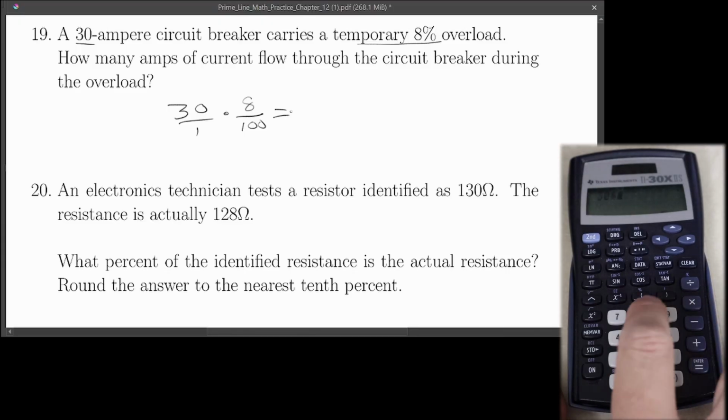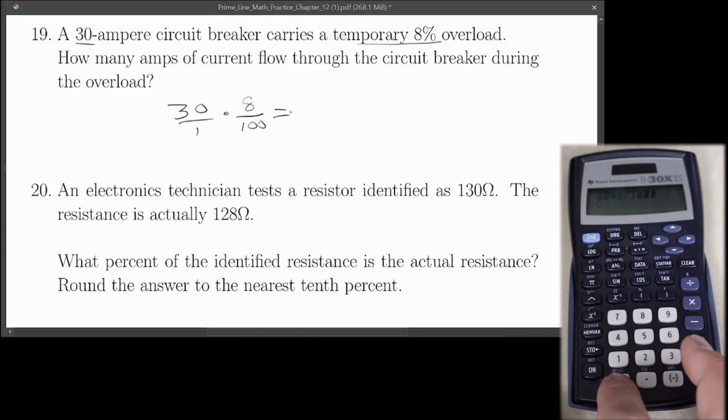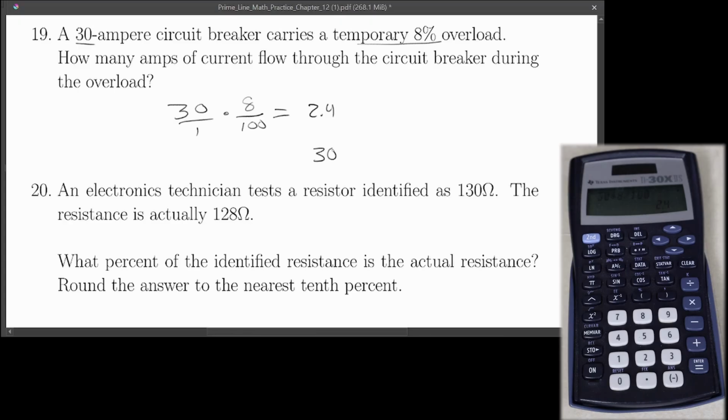So 30 times 8 divided by 100. We find that 8% of that is 2.4 amps. And so when it overloads, it will be 30 plus 2.4, giving us 32.4 amps.